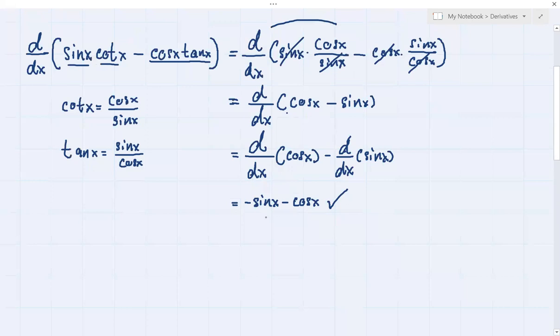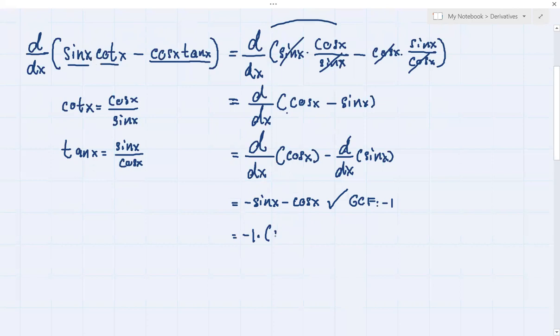Since both of them are negative, they are divisible. Their factor is negative 1. Basically, negative sin x and negative cosine x are both divisible by negative 1. And that is their greatest common factor, which is negative 1. So therefore, we will factor out negative 1 here.